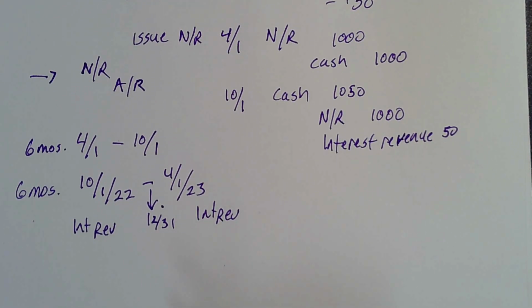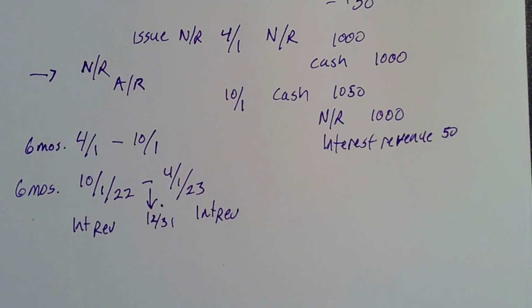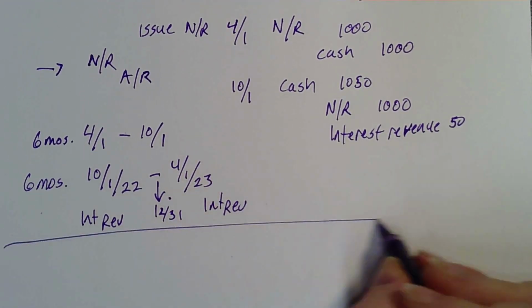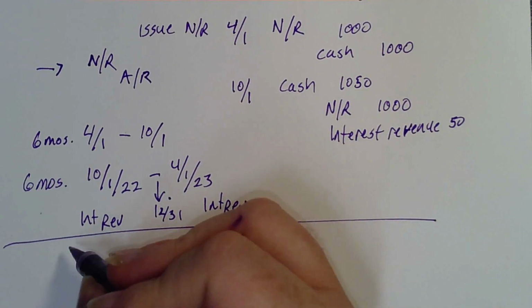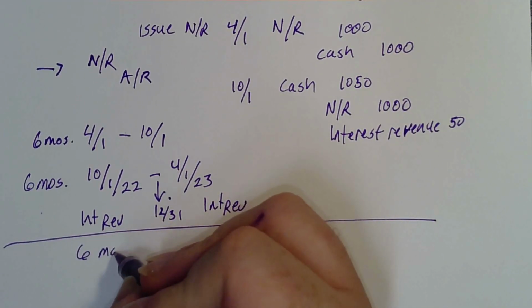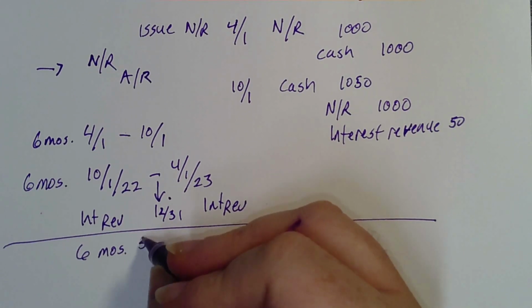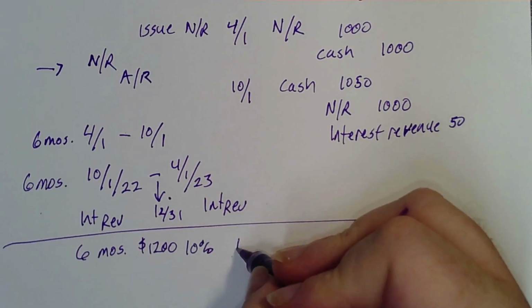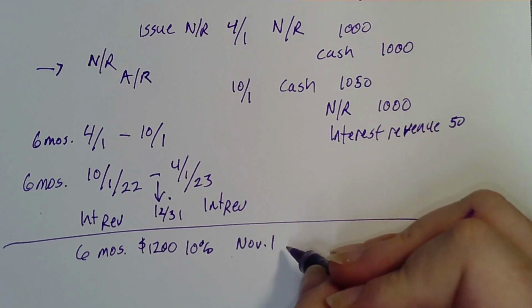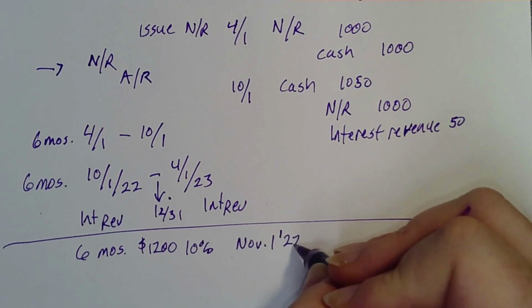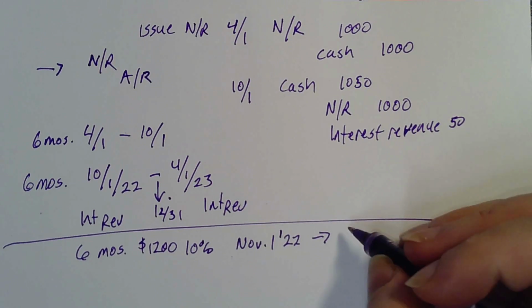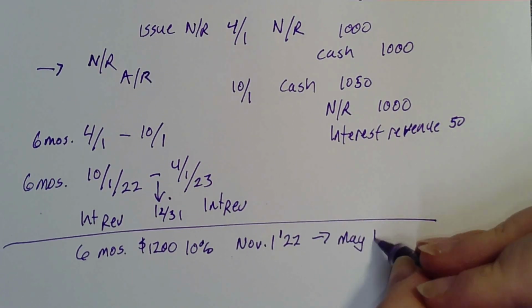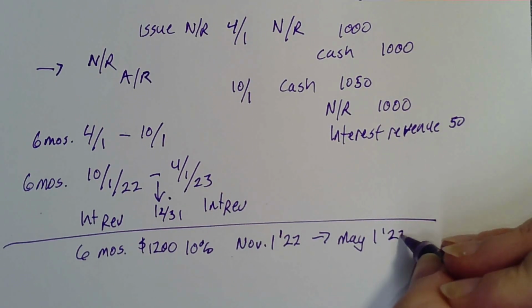So let's take another example, but let's make the numbers work out a little bit differently. Let's take a loan that is still 6 months, but now it's going to be a $1,200 loan, 10%, and let's say it goes from November 1st, 22, and gets repaid May 1st, 23.